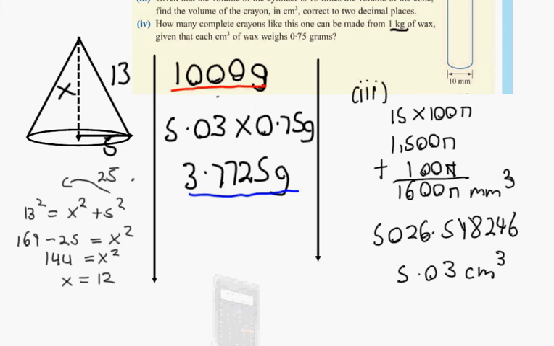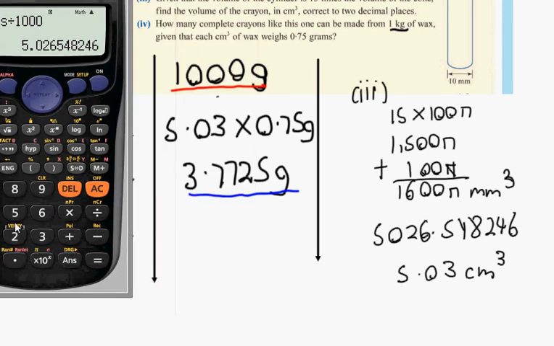And what we should get here is 265. Now you have to round down, no matter what number you get. If it's 265.9, you still have to round down, because you either have a full crayon or you don't. So the answer to this one is 265 crayons.